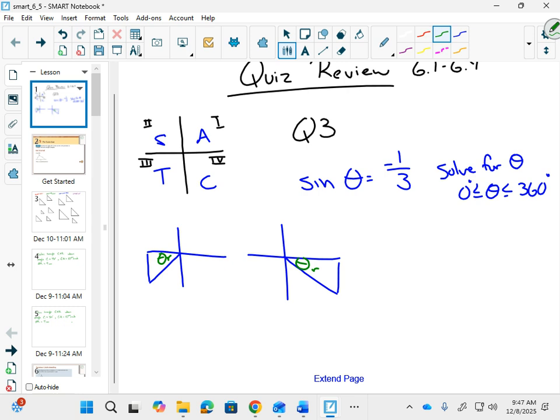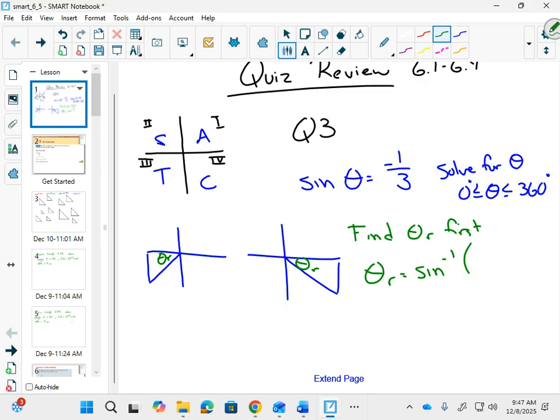And in solving for this question, we have to find a reference angle first. How do we find the reference angle? With our calculator, but how? Inverse. So we have to do sine inverse, because it's sine.